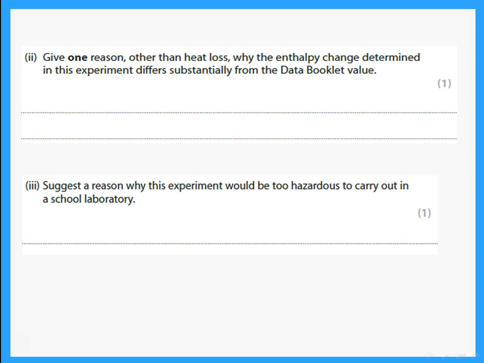Give one reason other than heat loss why the enthalpy change determined in this experiment differs from the data booklet value. We always said that the delta H that we calculate in the experiment is always less than what it should be. And we said one of the reasons would be loss of heat to the environment, but he's telling me other than the heat loss.